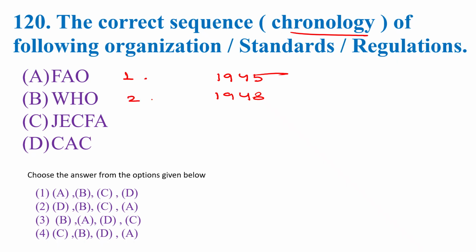So it's Joint FAO and WHO Expert Committee on Food Additives. That is 1956. And CAC, that is Codex Alimentarius Commission, 1963, which has been established by FAO and WHO, and it develops the international food standards. So the correct order will be FAO, then WHO, then JECFA, and then Codex. So A, B, C, D will be our correct order. Number 1.